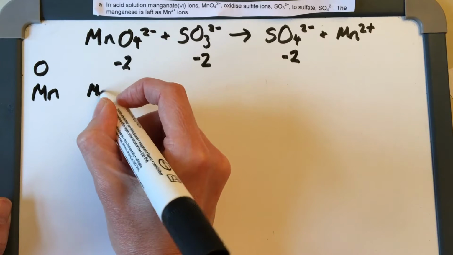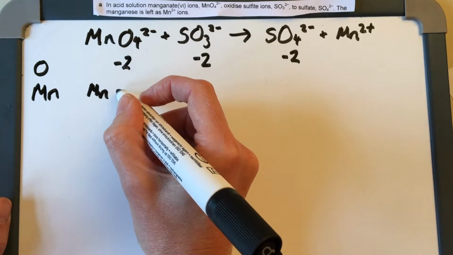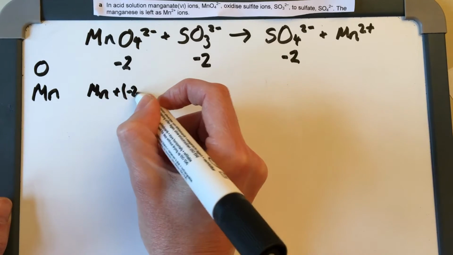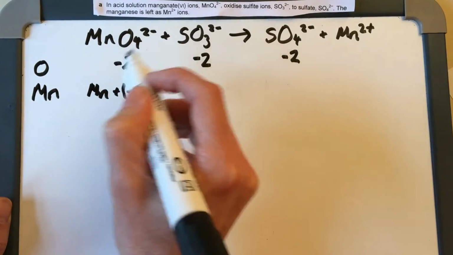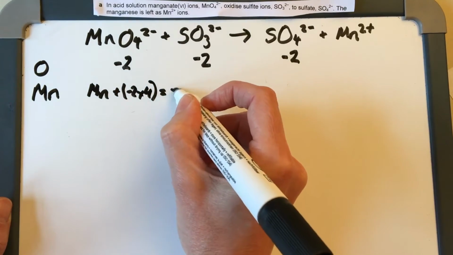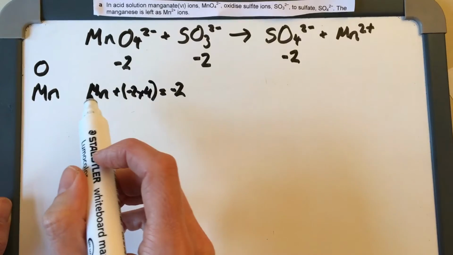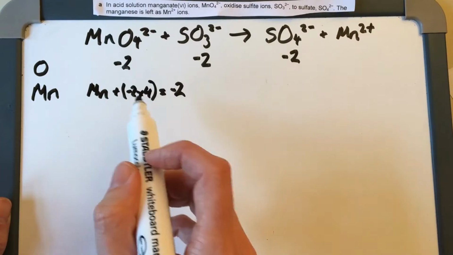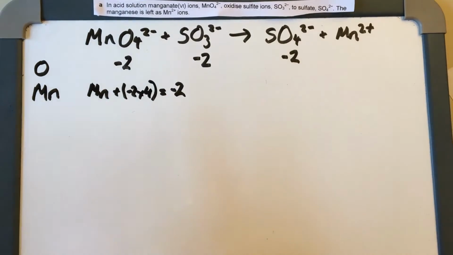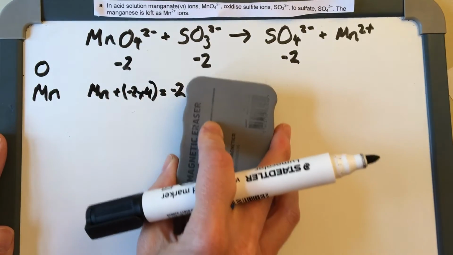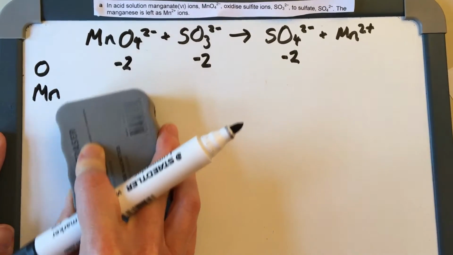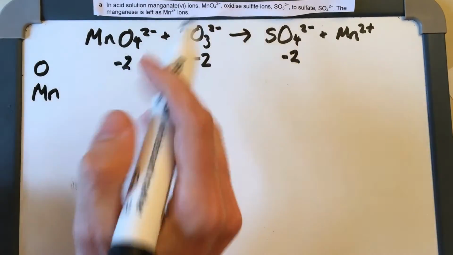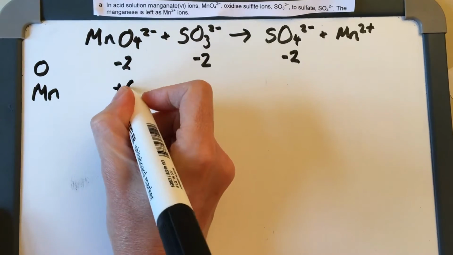So we've got Mn, then plus -2 times 4 for the oxygen equals 2-. So manganese -8 is -2. That means the manganese here is +6, and actually it does say that in the question.